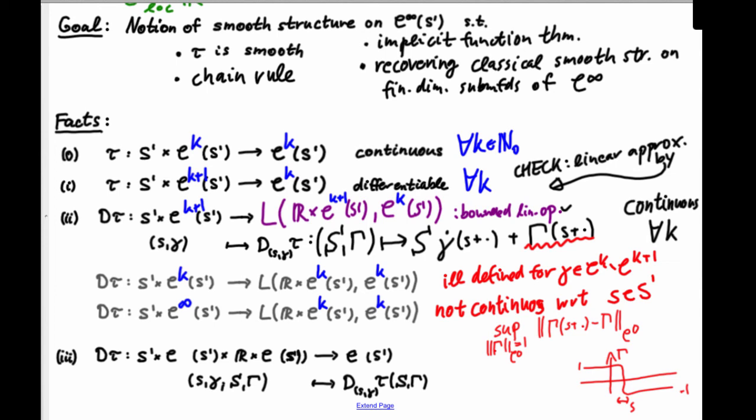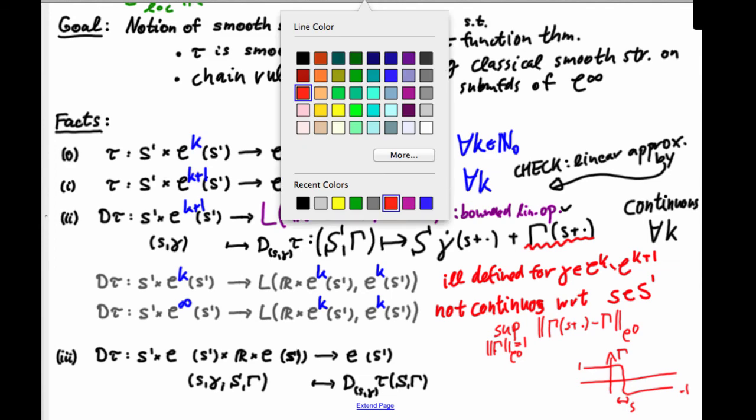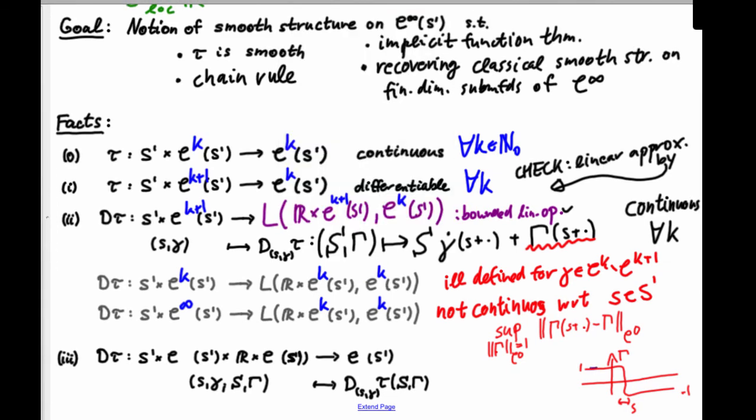And if I shift this versus gamma, then my C^0 difference suddenly is 2. And I think 2 is the most you can do. The problem is you first fix s and then you look at the sup. So the sup is always going to be 2. It does not go to 0 as s goes to 0.